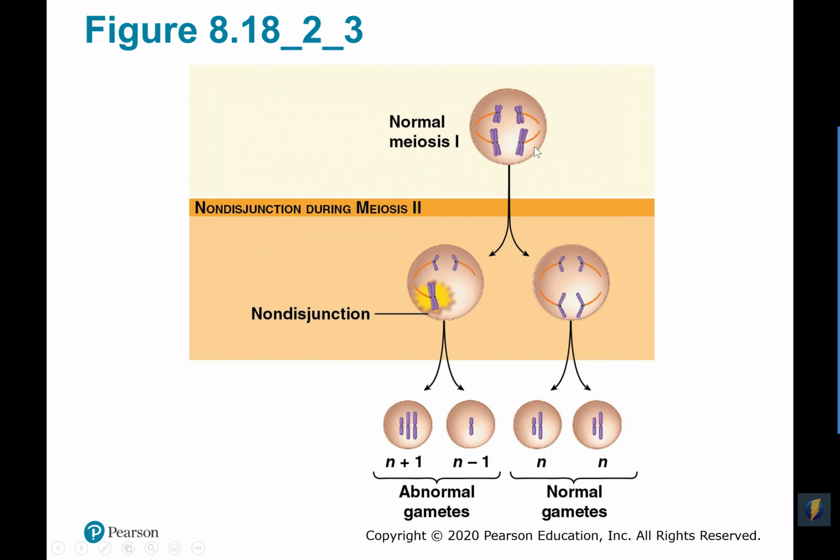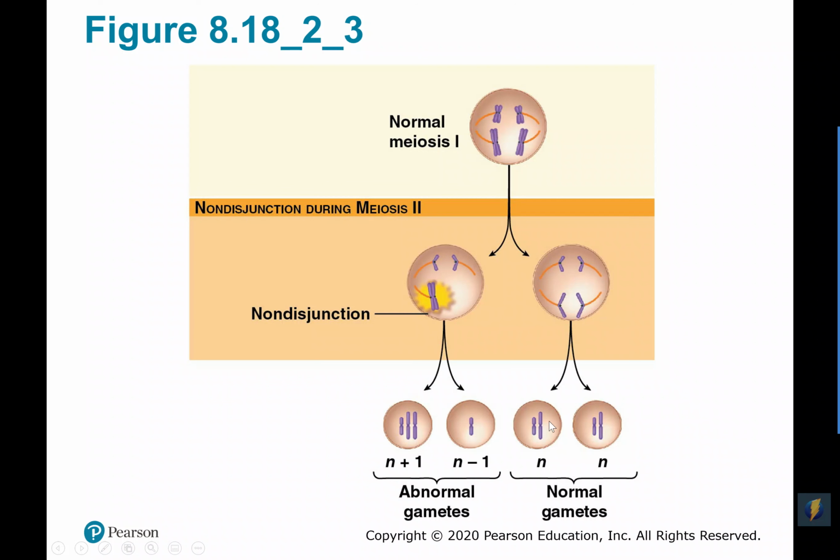Here we have a normal meiosis 1. The pairs of homologous chromosomes separate like normal. The cell splits like normal. But then during meiosis 2, a non-disjunction occurs. One of these pairs of sister chromatids doesn't separate. So here, since the non-disjunction only happened in one of the meiosis 2 cells, these gametes are normal.